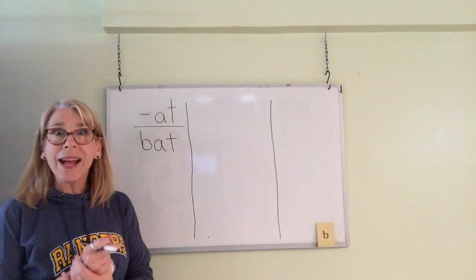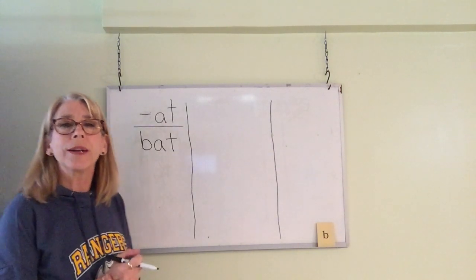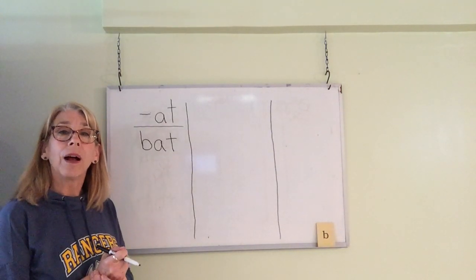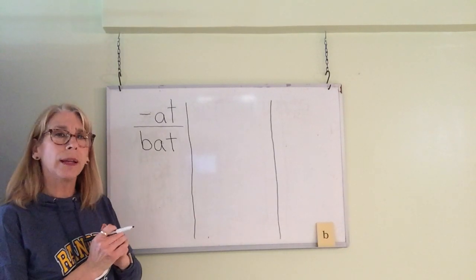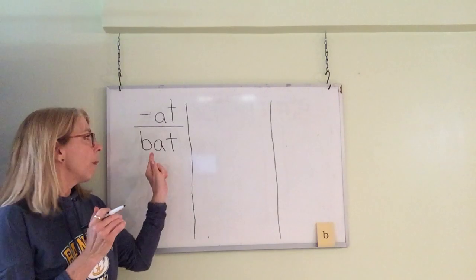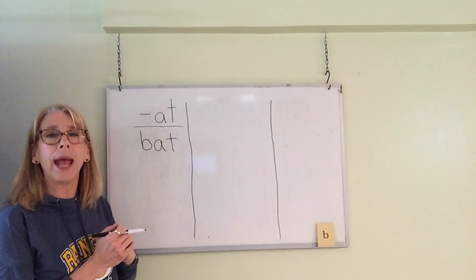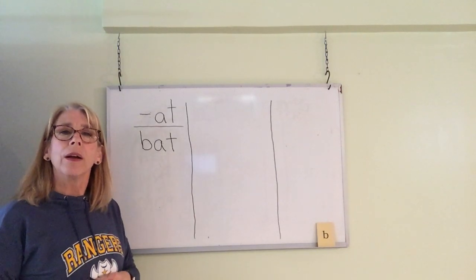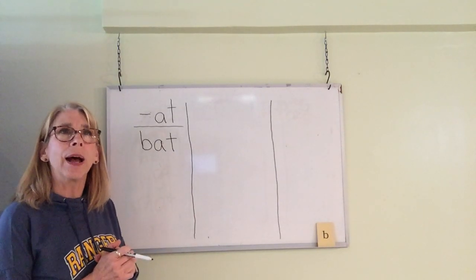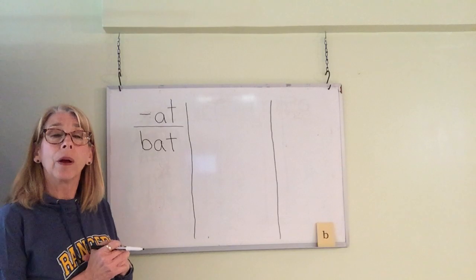Okay, the next word we're going to make is the word cat. Because I know that cat rhymes with bat, and cat has that pattern that I'm hearing, the at pattern. So I have to think, what letter has the k sound? Actually, there's a couple.